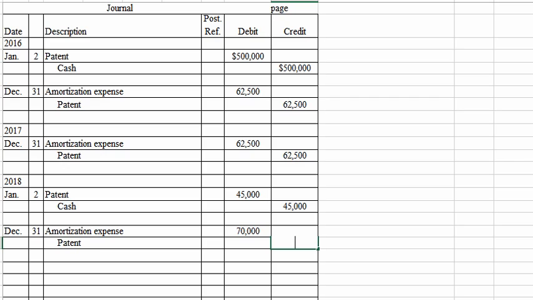Let's go through how we got the number again. It's equal to the original cost of the patent, the original cost of the patent minus what we've written off or amortized, plus our successful defense of the patent.